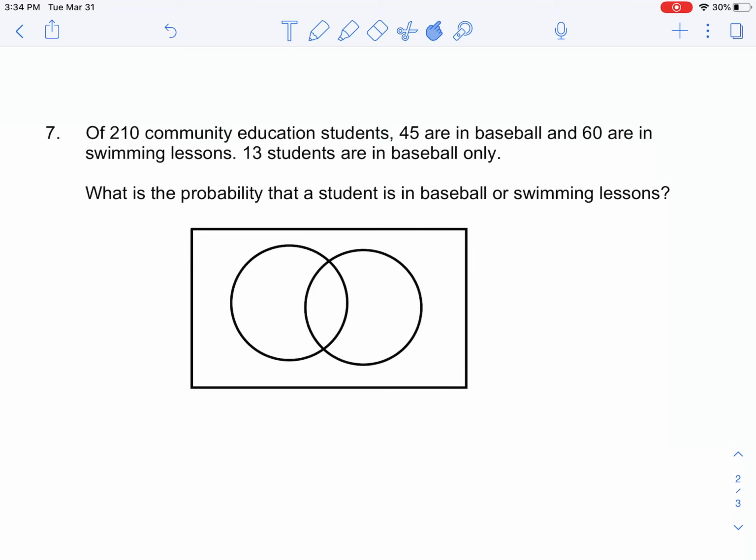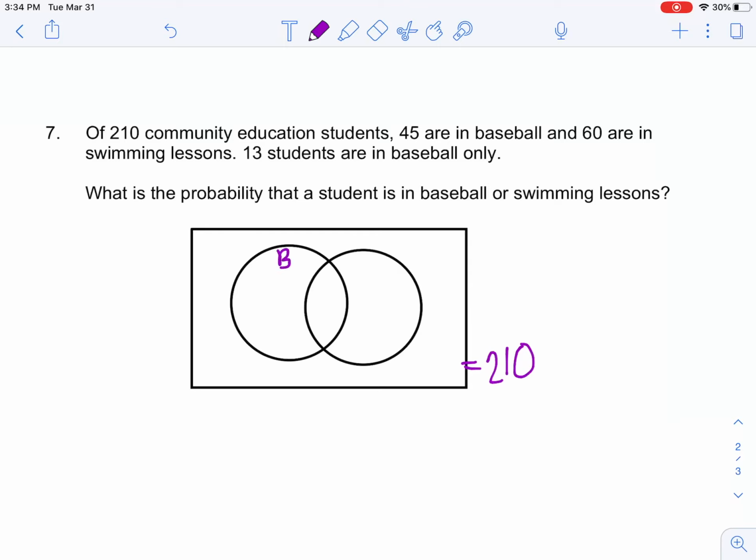Okay, our last question for today, number 7, says of 210 community education students, 45 are in baseball and 60 are in swimming lessons. 13 students are in baseball only. So let's start with our universal set of 210 community education students.